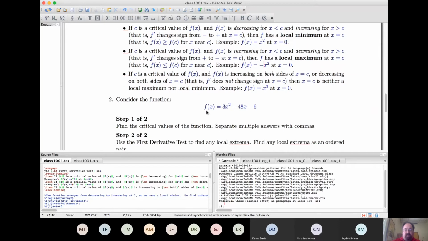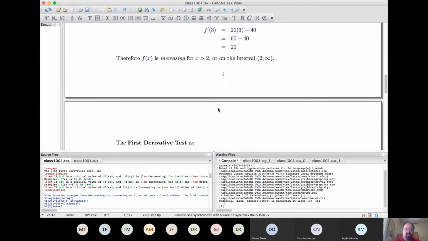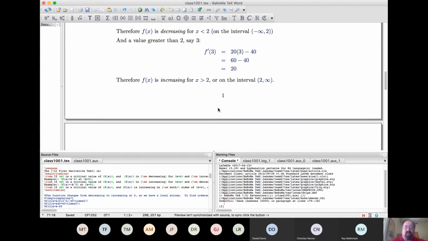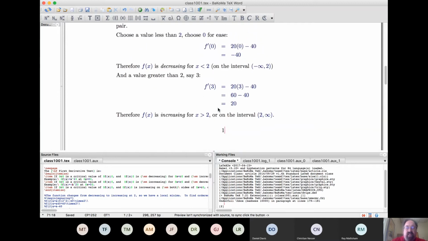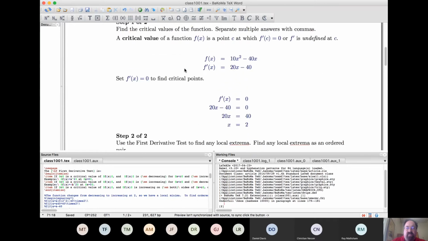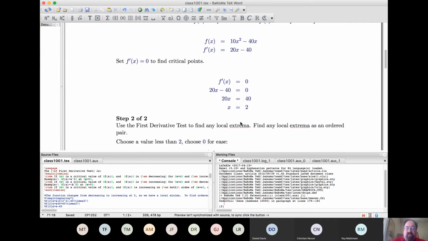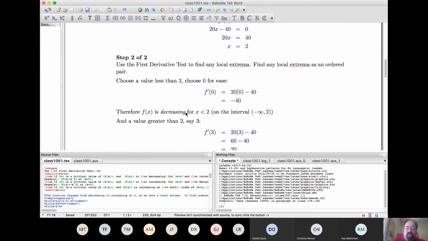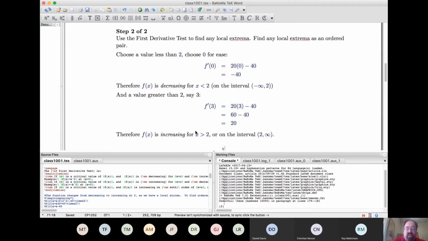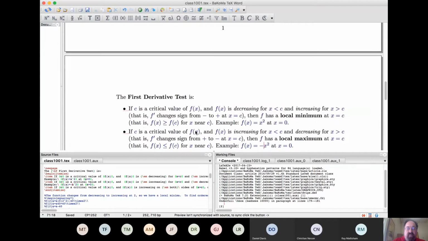So now we'll try this out. I'm still in the middle of this problem. What we found here is this function has a critical value at x equals 2, and it was found to be decreasing before x equals 2, and then increasing after that.